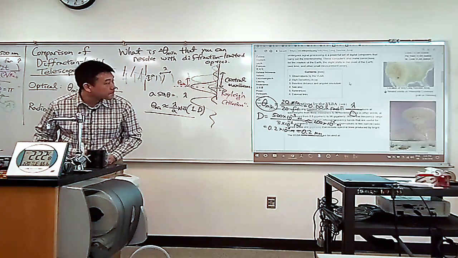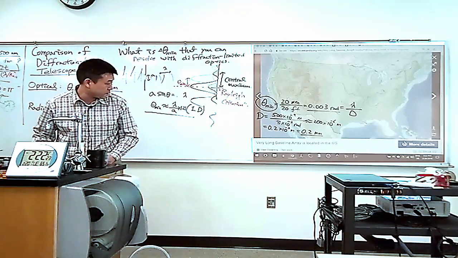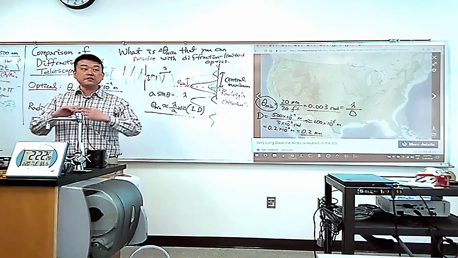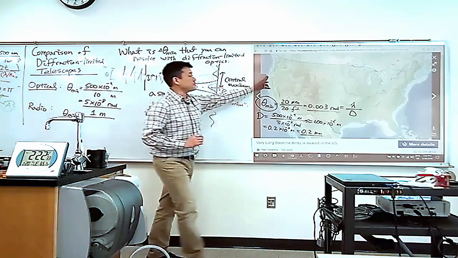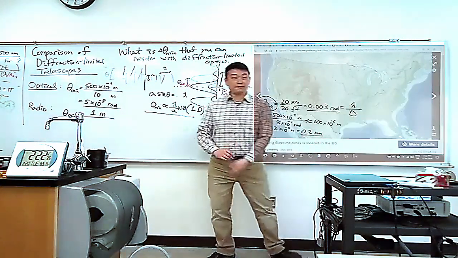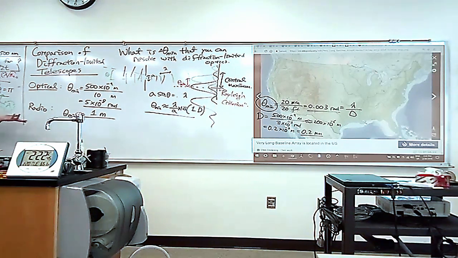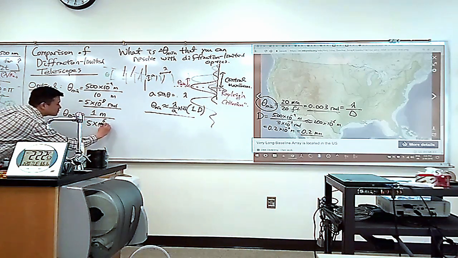You have telescopes all over the US, so essentially the aperture size for this radio telescope array is the size of the US. Rather than 50 meters, what's the size of the US? 5,000 kilometers, give or take a factor of 10. So your aperture size for the largest known radio telescope is 5 times 10 to the 6 meters.